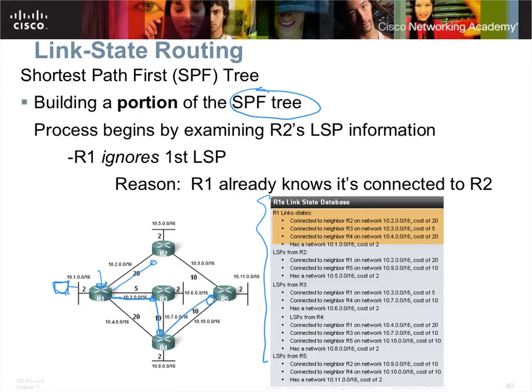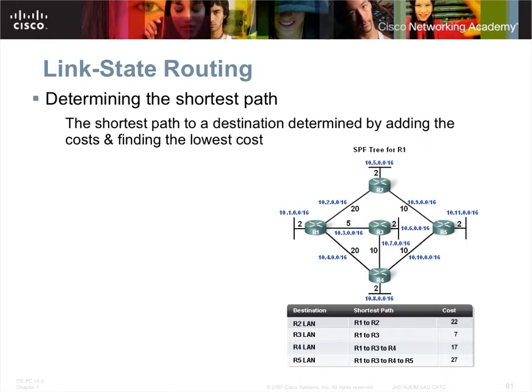So the blue lines constitute the shortest path tree, which is the tree that forms the shortest path from one point to every other point in the network. This is what we call the shortest path tree, which in fact corresponds to the routing table.